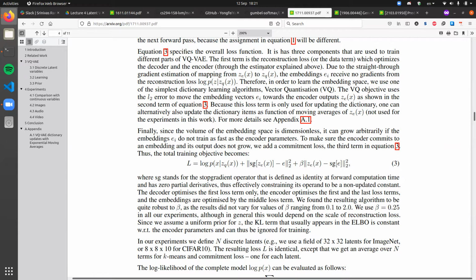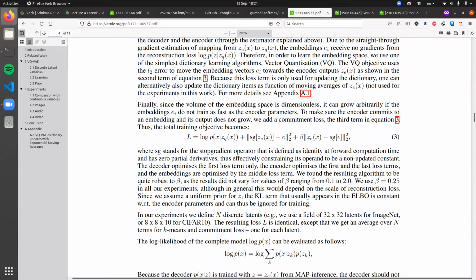I think it is mentioned somewhere around here that your KL term will be just a logarithm of K, which is the size of the code book.